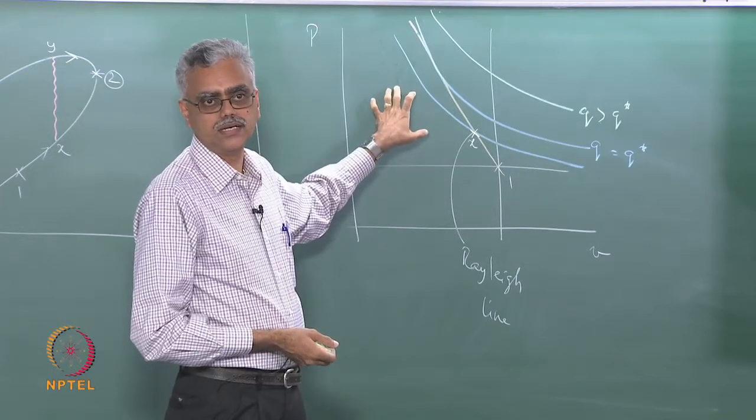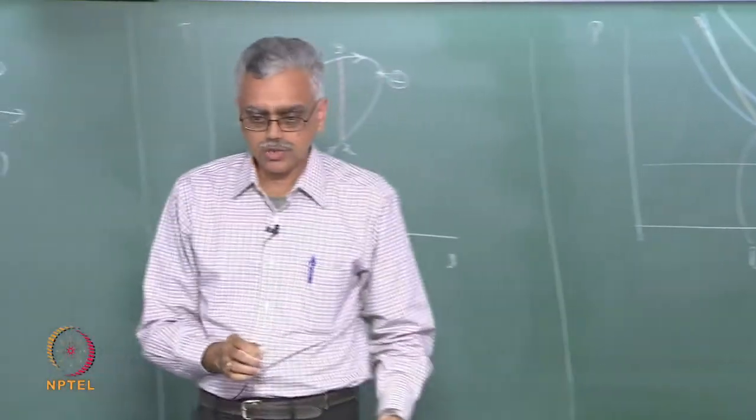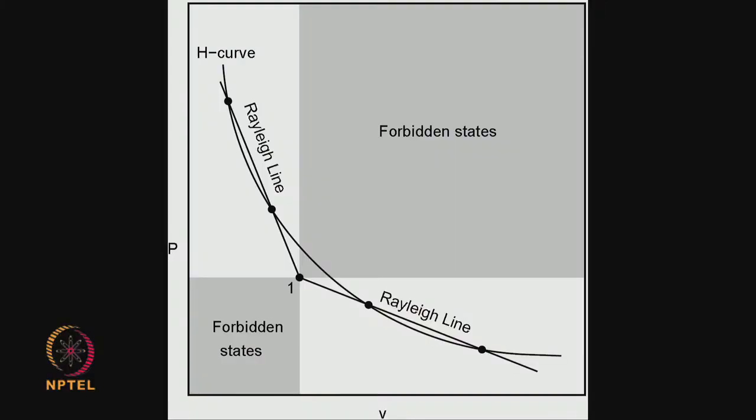Though it is not clear in this picture, let me show you a different picture where that is made very clear. So, as you can see from here, each Rayleigh line intersects an H curve at 2 locations, one here and one there.